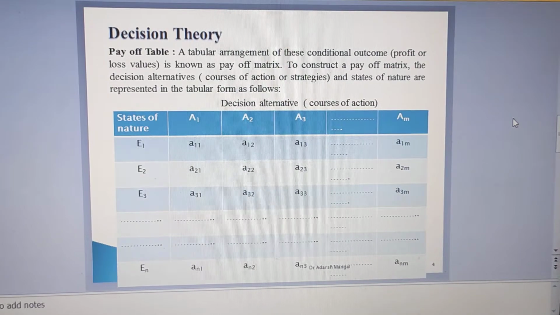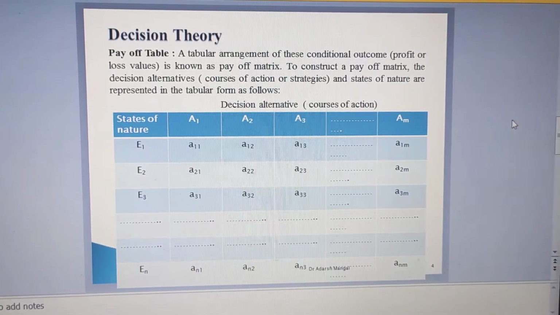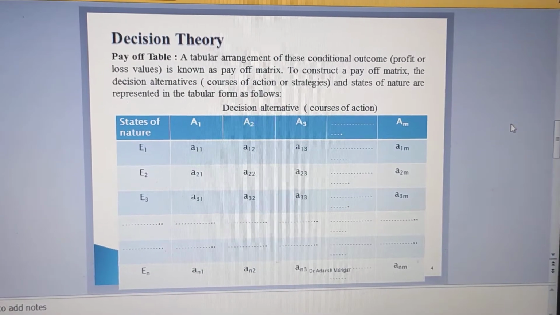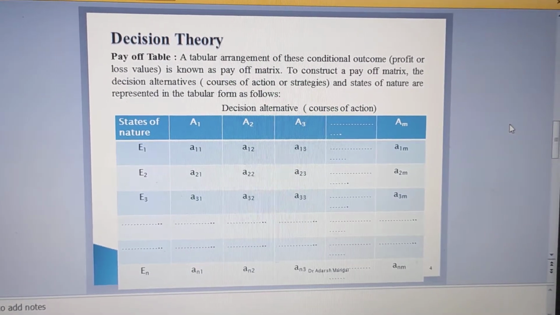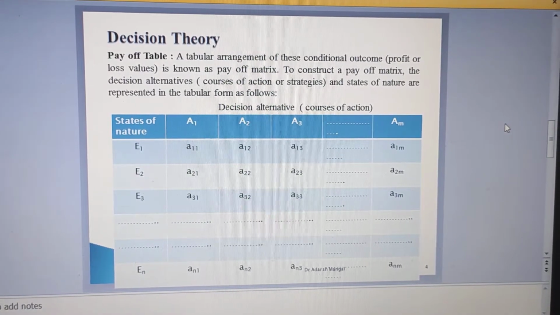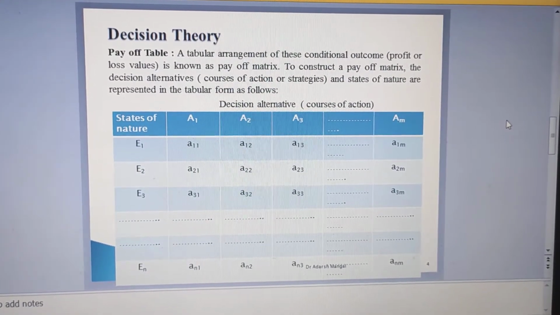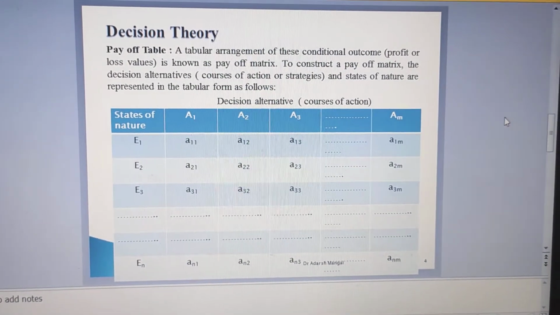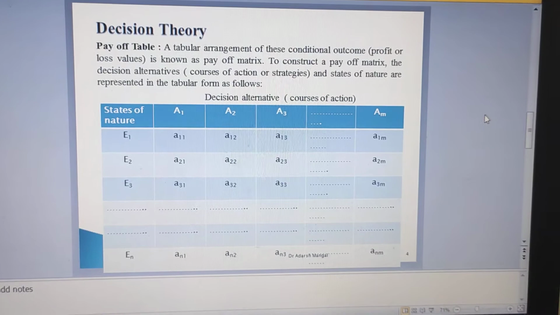Decision alternatives, m rows A1, A2, A3 up to Am. In the first row and first column you write a11, first row and second column a12, up to a1n. Proceeding in a similar fashion, we can write down the last row am1, am2 up to amn.